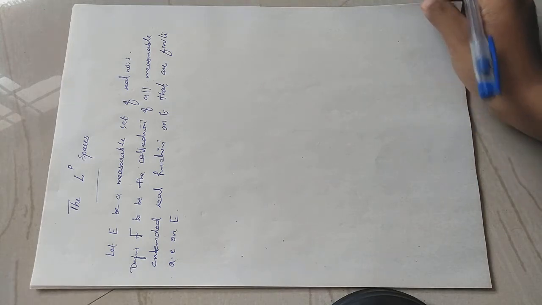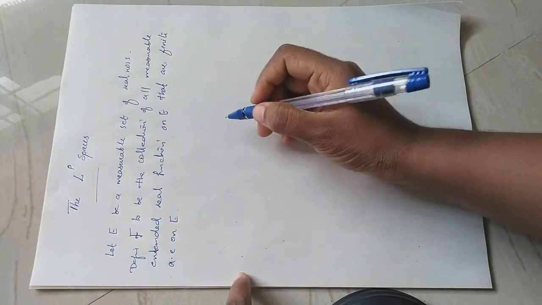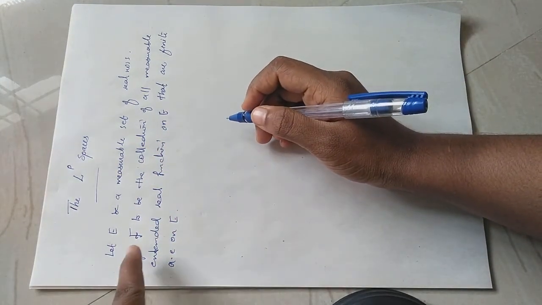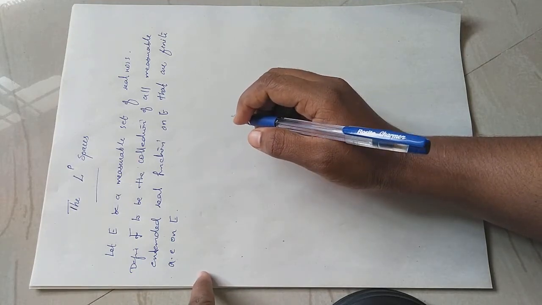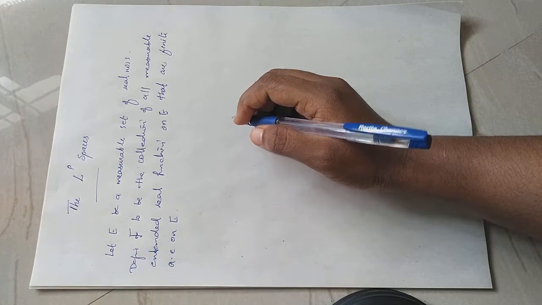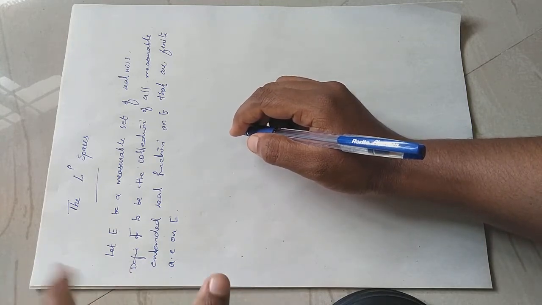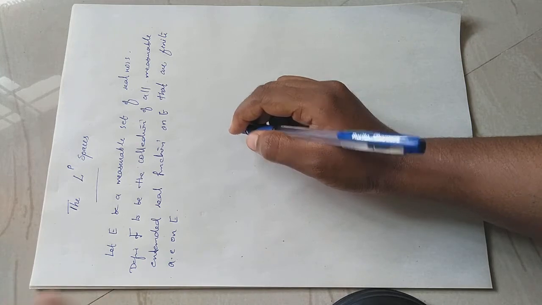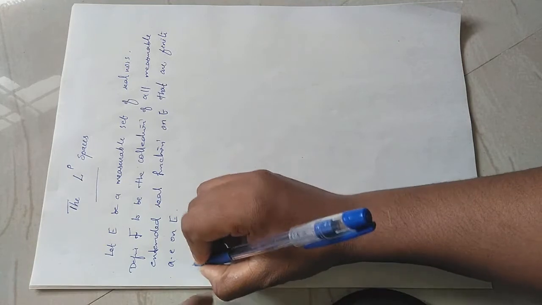Now, in the collection of all measurable functions F, I am going to define a relation on F. Before that, I would like to introduce when two functions in script F are said to be equivalent.